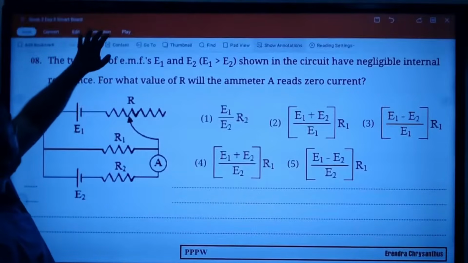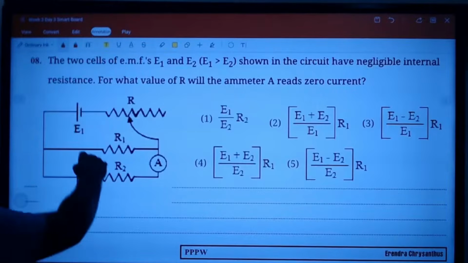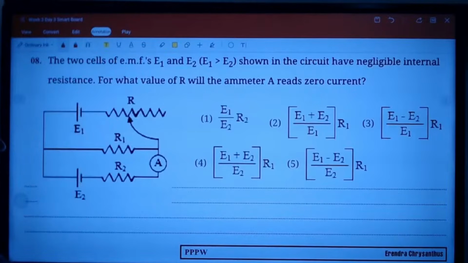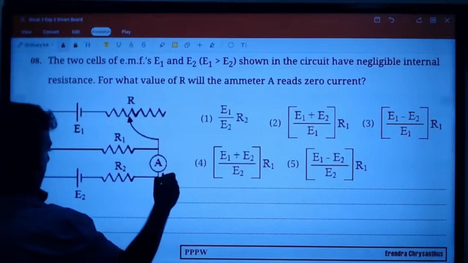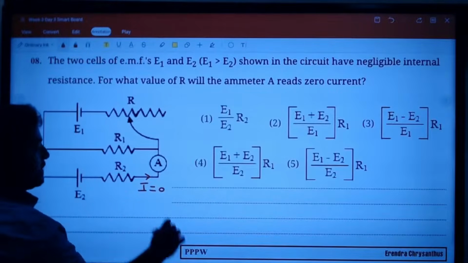Okay. Two cells with EMF E1 and E2 are given. E1 is larger than E2. As shown in the circuit, they have negligible internal resistance. For what value of R will ammeter A have 0 current? Ammeter A has 0 current means no current passes here.